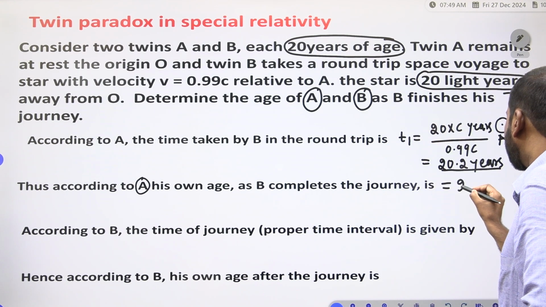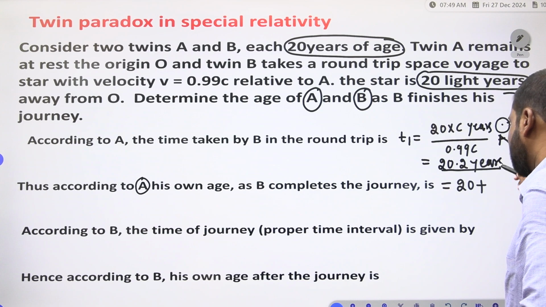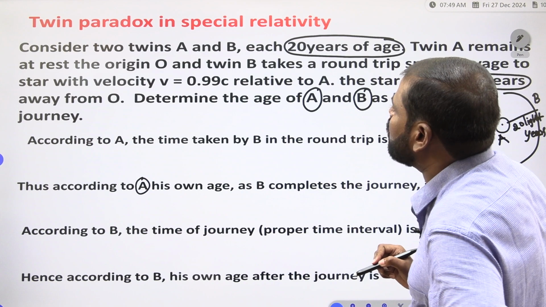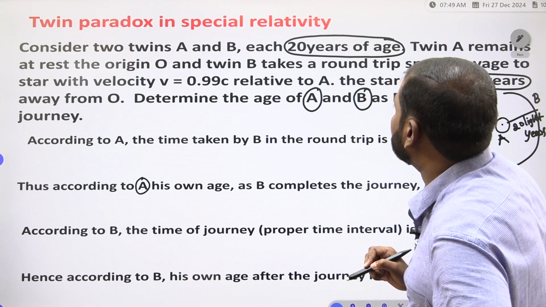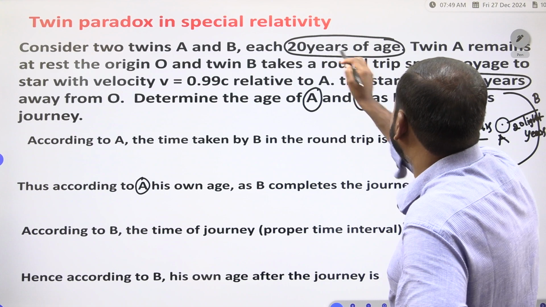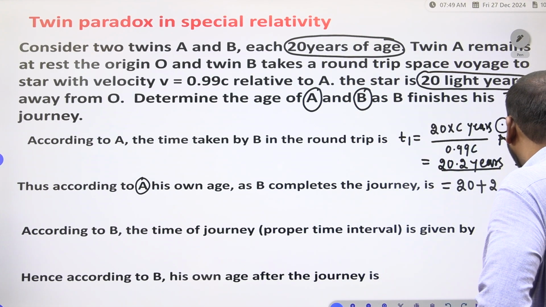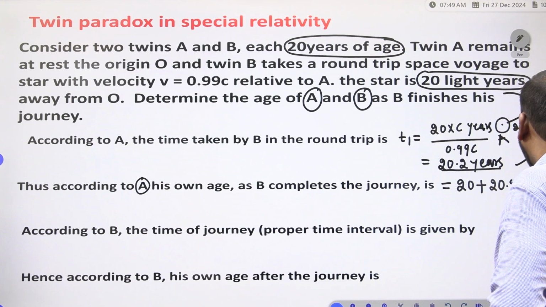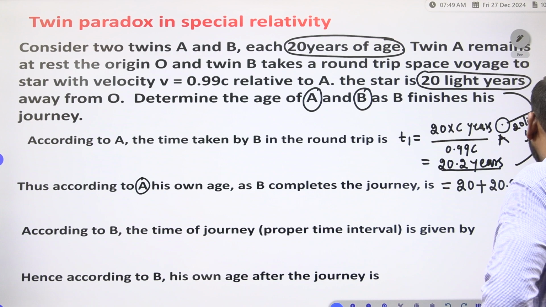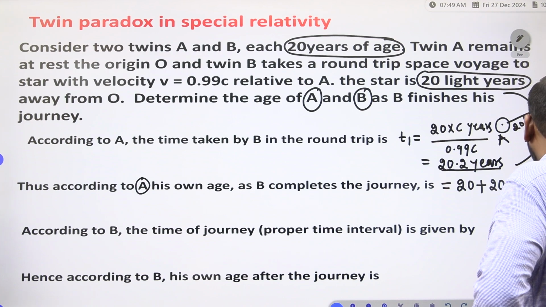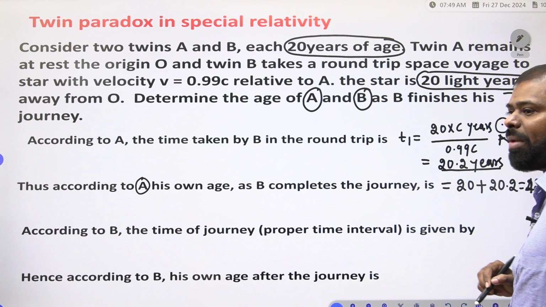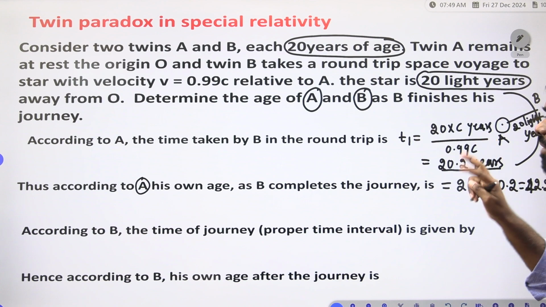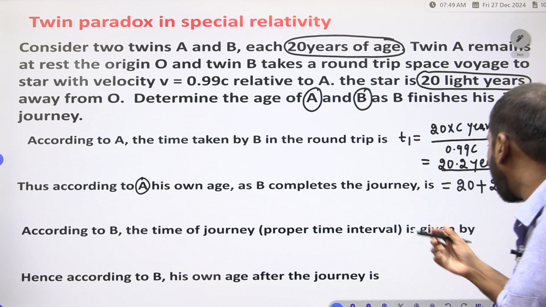Initially, each is 20 years of age. So 20 plus 20.2, plus the remaining, gives 42.2 years. 42.2 years you are able to get. That is the age of A. Now we have to see what the age of B is.